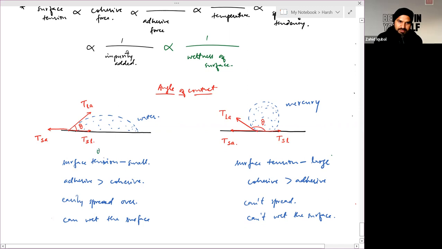So in the first part, theta or angle of contact is acute, and in the second part, theta or angle of contact is obtuse.